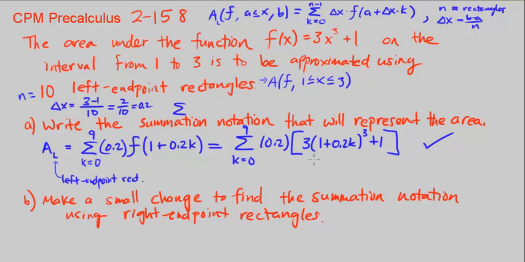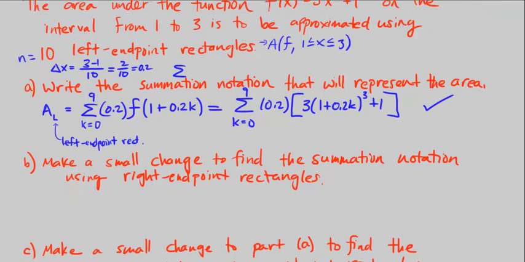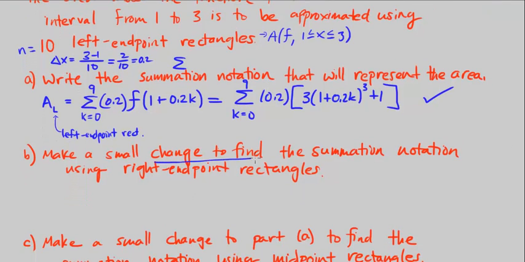All right. Part B says to make a small change to find the summation notation using right endpoint rectangles. We know that the area using right endpoint rectangles is the same as the left, but we add 1 to both of these indices. So this now becomes k, instead of 0, 0 plus 1 is 1.